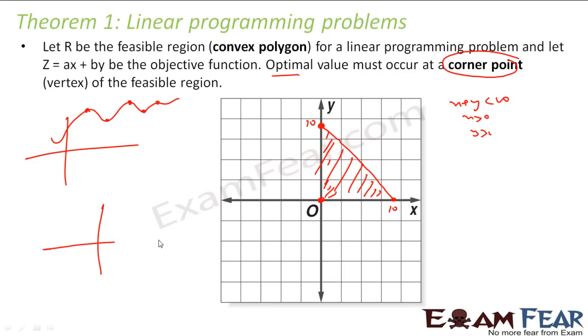For example, if you have some feasible region like this, then these 4 points will be taken care of. So the approach is: you find the feasible region, find the corner points, and then one of these will be the solution for the optimal value, because the optimal value will occur at a corner point.